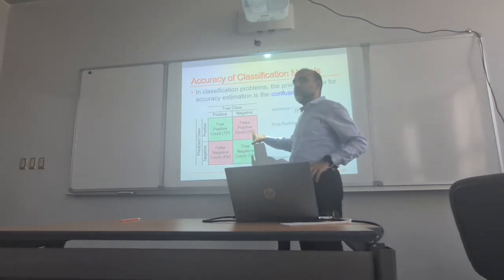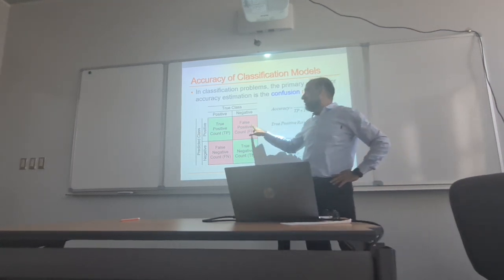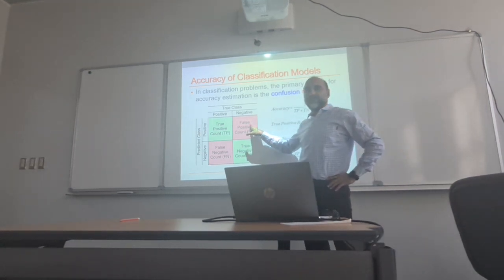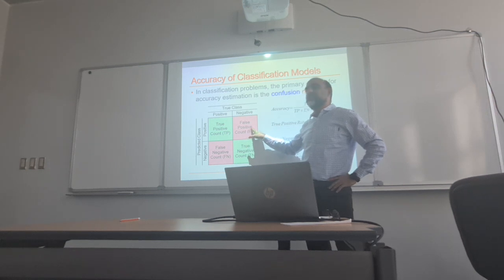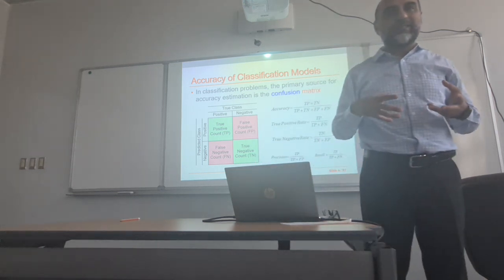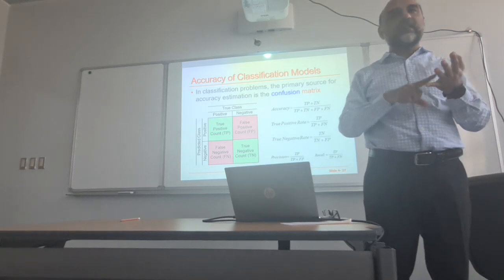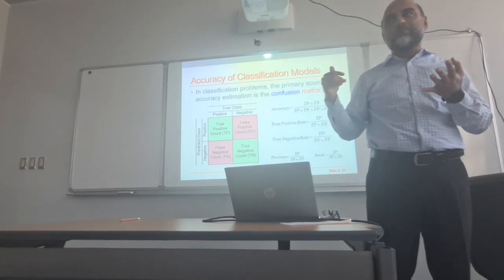Another one. Maybe a senior person comes in and the answer should be no, not a young adult. But the model called it a young adult, by the way he looks. There are so many attributes that you're using to make this decision. I told you age, income, many inputs are used.